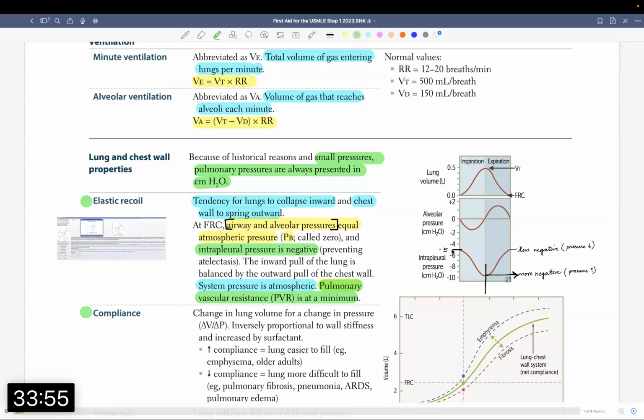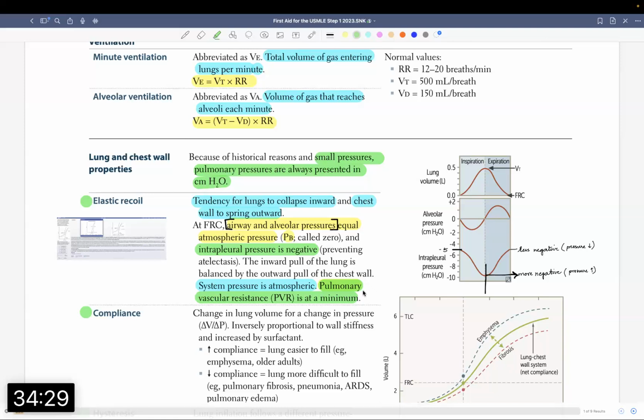The inward pull of the lung is balanced by the outward pull of the chest wall at FRC. System pressure is atmospheric, but anyway. Pulmonary vascular resistance is at a minimum. These are the conditions for elastic recoil. First, at FRC the inward pull of the lung is equal to the outward pull of the chest wall.